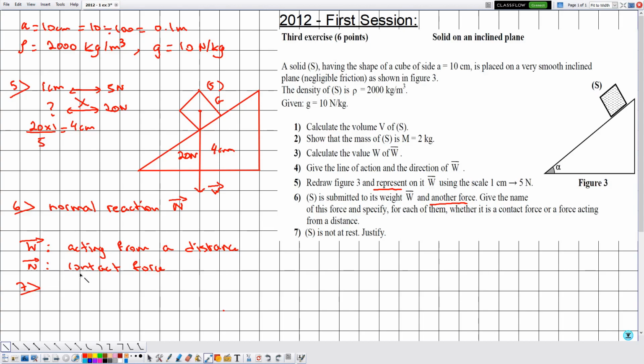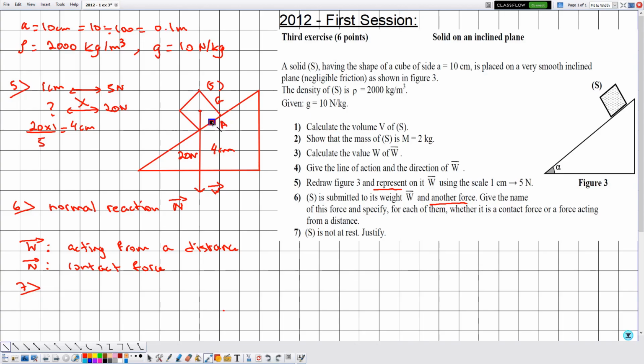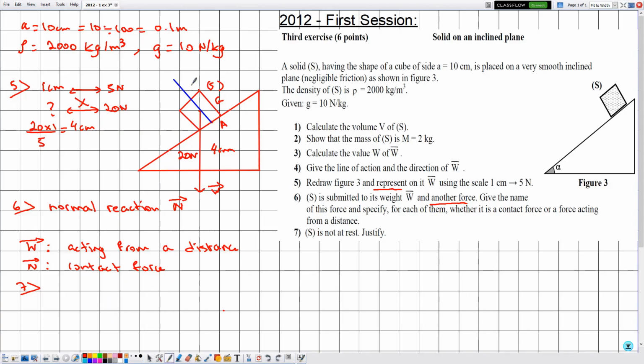So because N is a contact force, then its point of application will be the point of contact between the two bodies that are in interaction. So let's suppose that this is the point A. The two bodies are given by the solid S and the inclined plane. And we know that the normal reaction is perpendicular to the support like this. So this is the normal reaction N.